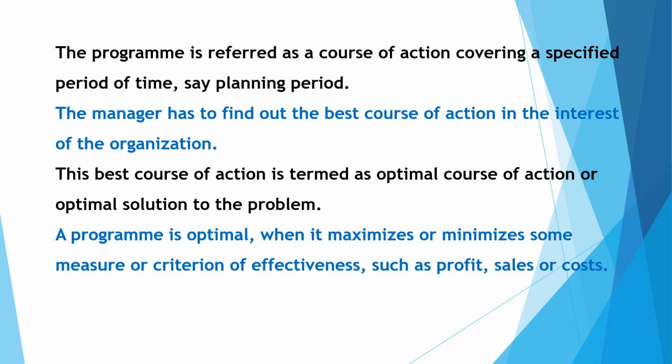Program is referred as a course of action covering a specified period of time, say planning period. As I said, for manufacturer, planning period can be a 1 month, 1 week, 1 year. For your dinner, planning period can be 30 minutes.